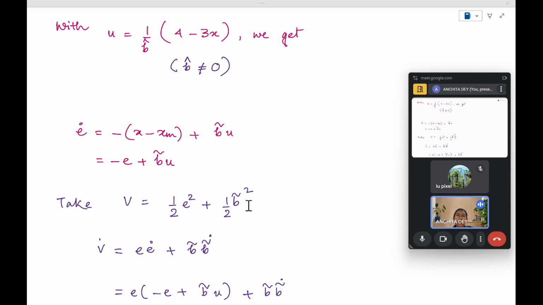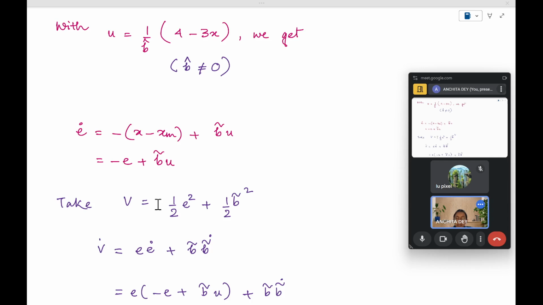Similarly, we want b hat to follow b, right? It should be as close as possible to b. In other words, b tilde should then be as close as possible to 0. So when I'm doing the stability analysis with respect to origin, now my origin is for E and b tilde, because I want these two errors to be going to 0.